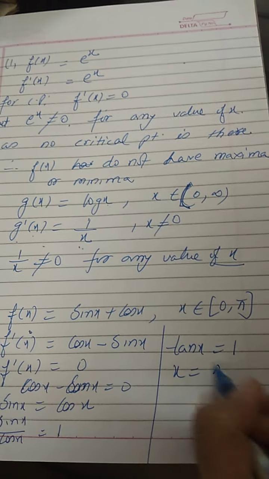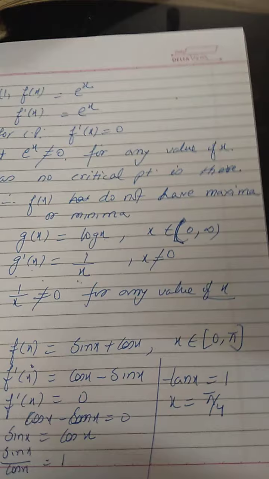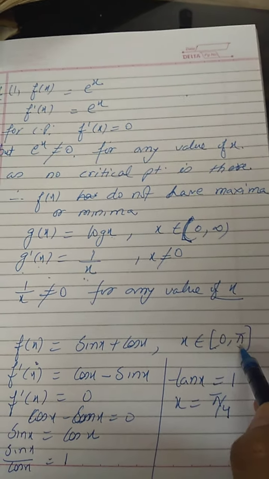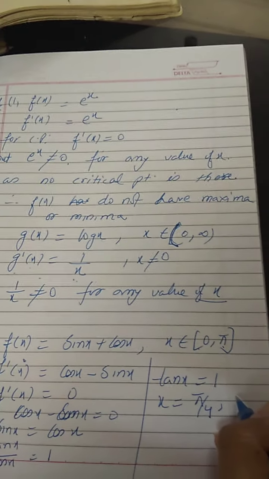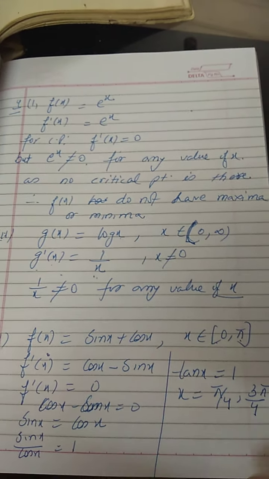When tan is 1, x is equal to pi by 4. So the value of x we have taken is pi by 4, and x is belonging to the interval 0 to pi. That means in the second quadrant, how can we take pi minus pi by 4? That means the other critical point I can take 3 pi by 4 also, right?